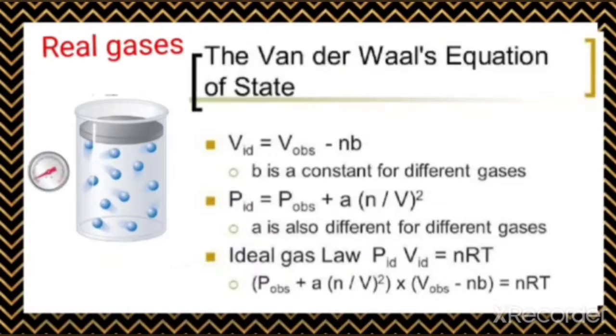This equation is called the van der Waals equation of state. Ideal gases behave according to the equation PV is equal to nRT, but real gases obey this law, the van der Waals equation. This equation is called the van der Waals equation of state.